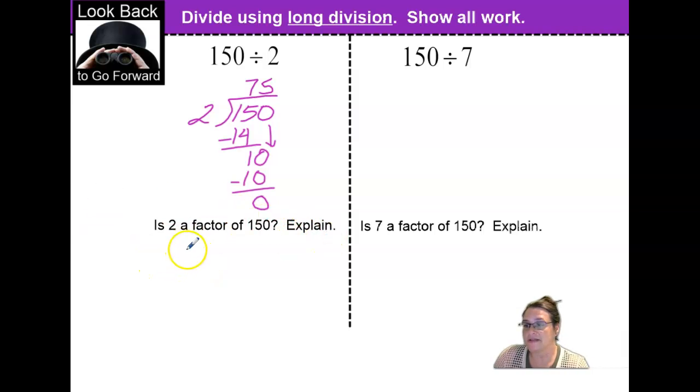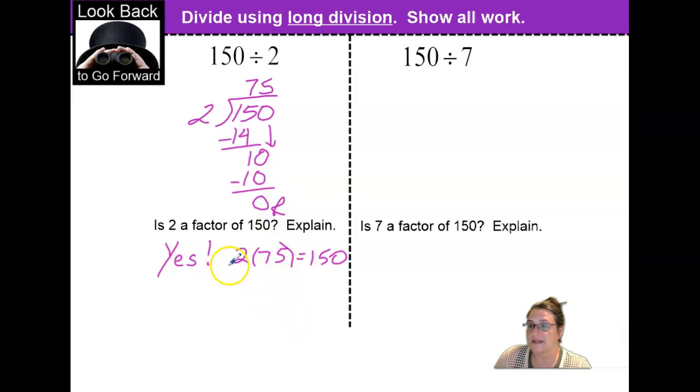And the answer is yes, and that's because 2 times 75 is equal to exactly 150. There's no remainder. The remainder down here is 0. So since 2 divides evenly into 150, the remainder is 0. 2 is a factor of 150.